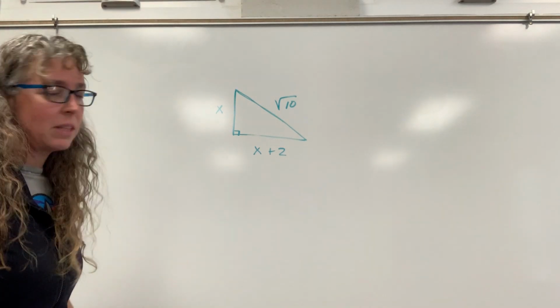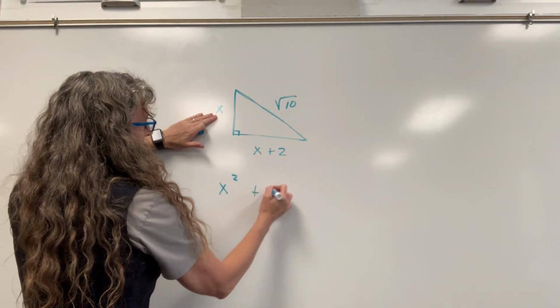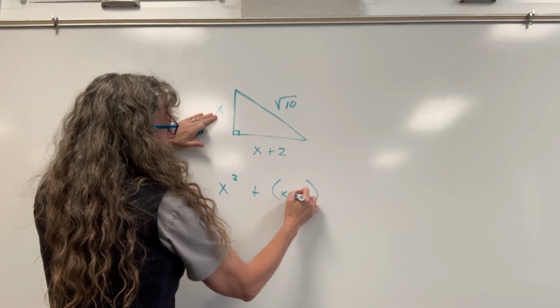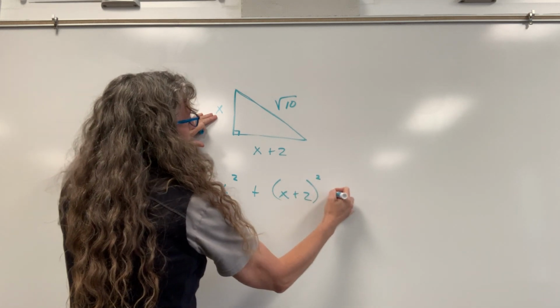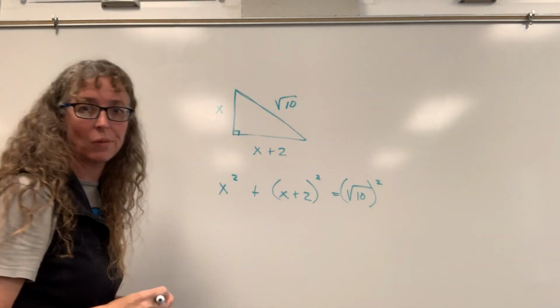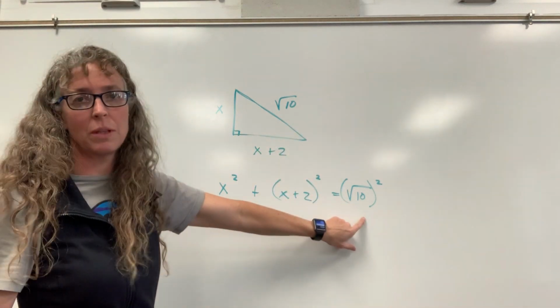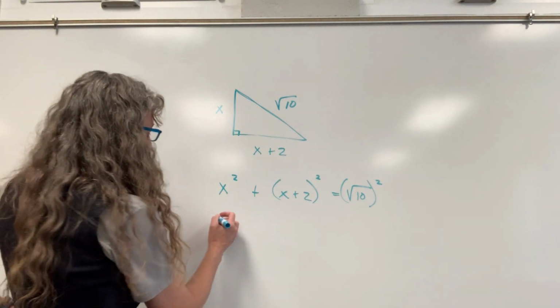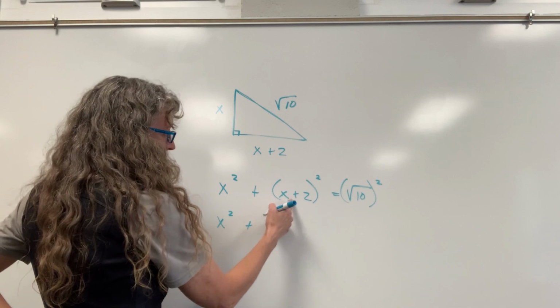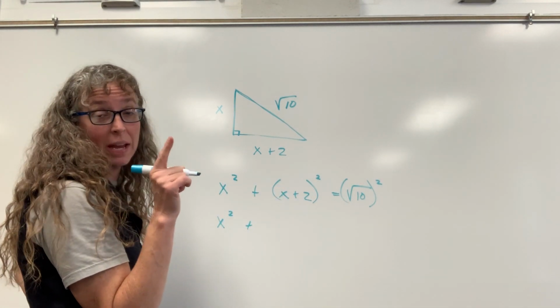So go ahead and draw it if you need. We're going to do the Pythagorean theorem. Remember, we're going to do one leg squared plus the other leg, which looks like this, squared, equals the hypotenuse squared. Okay? Remember, the longest part is the hypotenuse. It always is the one that goes by itself. X squared can stay like that. This, I know a lot of you want to do it wrong because I remember that from when we did it in class.